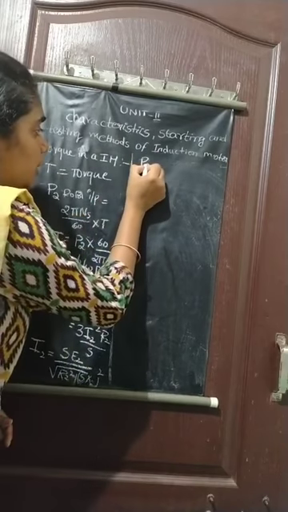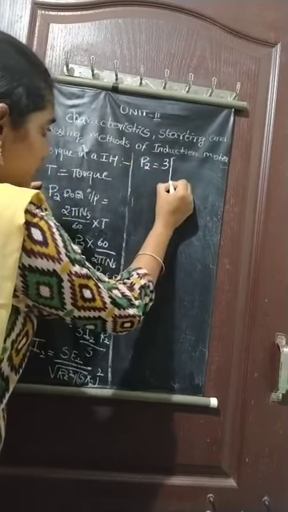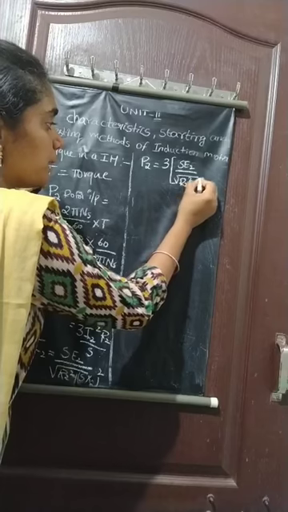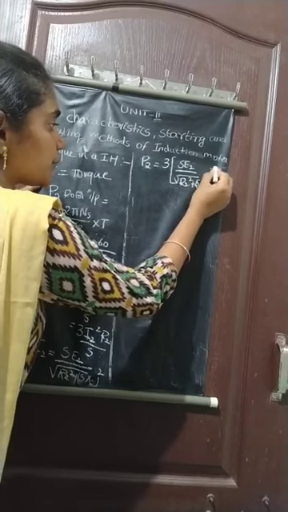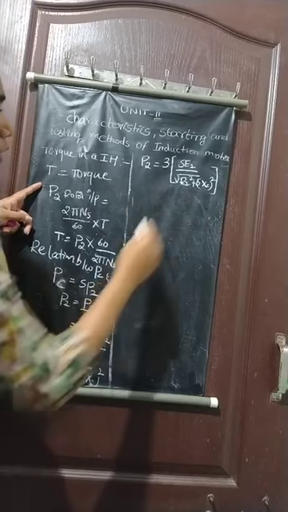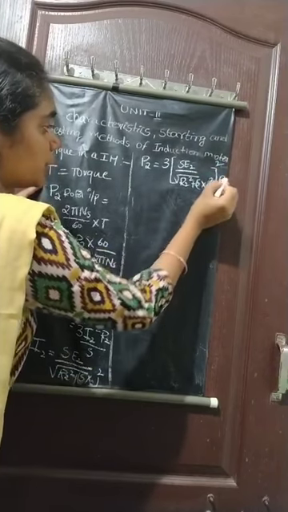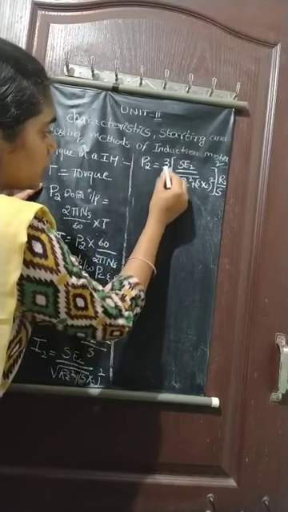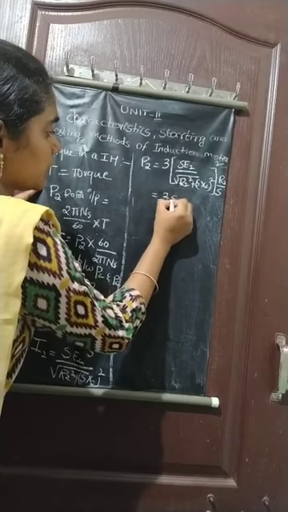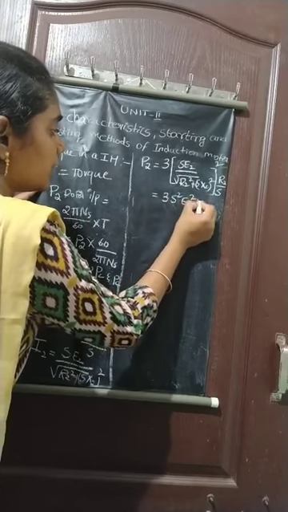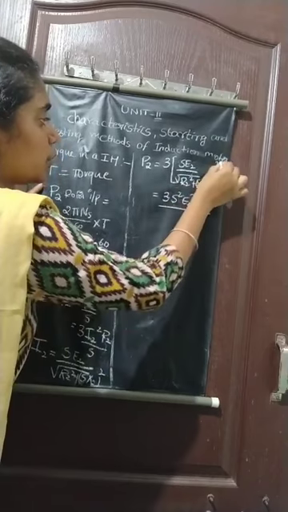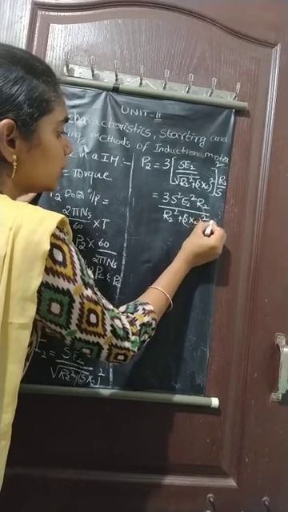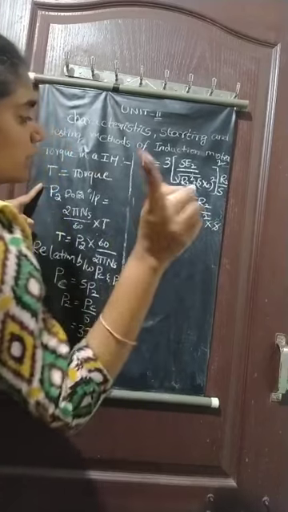So P2 is equal to 3 into the whole square of S E2 by square root of R2 square plus SX2 whole square, into R2 by S. Solving, 3 into S square E2 square into R2 over R2 square plus SX2 whole square, and one S cancels out.